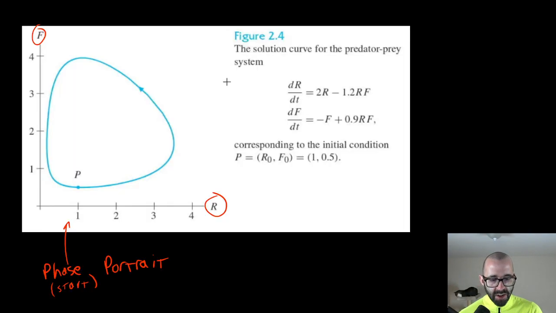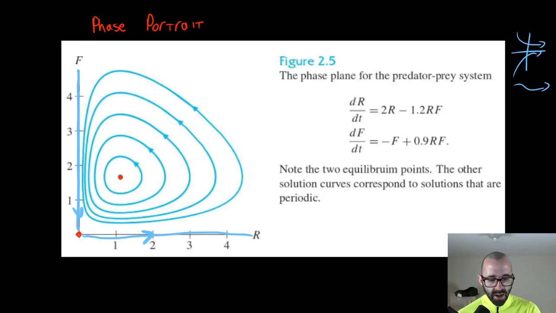They're all periodic. We had a phase portrait here with a bunch of solutions. Let's ignore the axes for now, but everything was basically oscillating and circling that equilibrium solution of about 1.1, 1.6. This is what our predator-prey model looked like if rabbits could grow exponentially without the foxes.